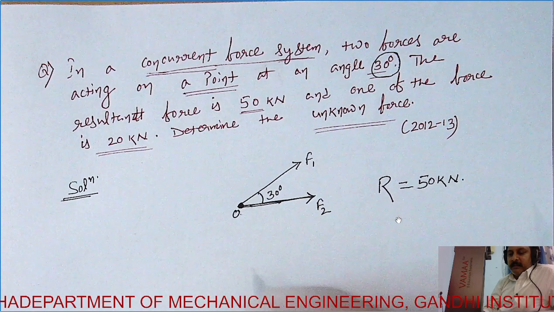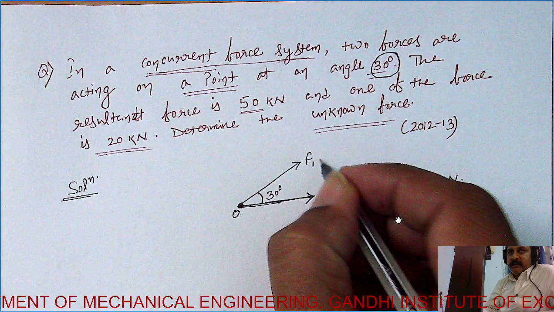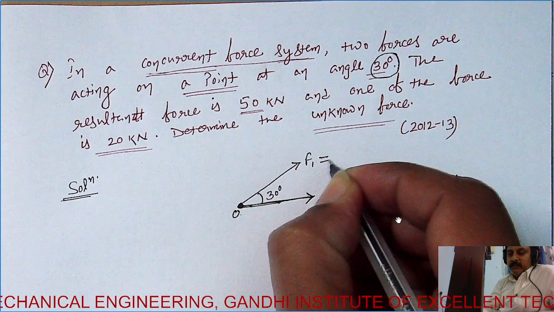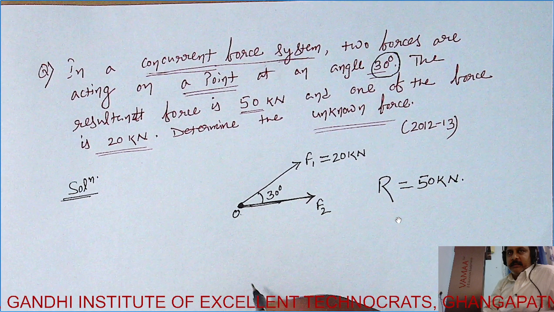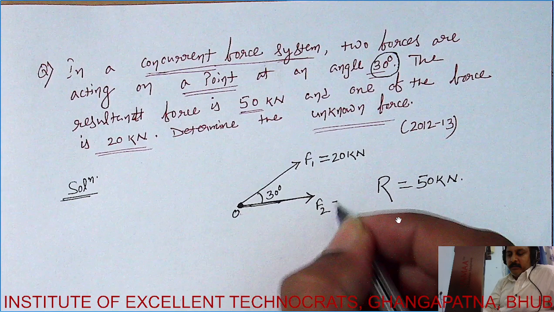Out of these two forces, we can consider either F1 or F2, it is up to you. Suppose we take F1, which is given as 20 kilonewton. You have to determine the other unknown force, F2.